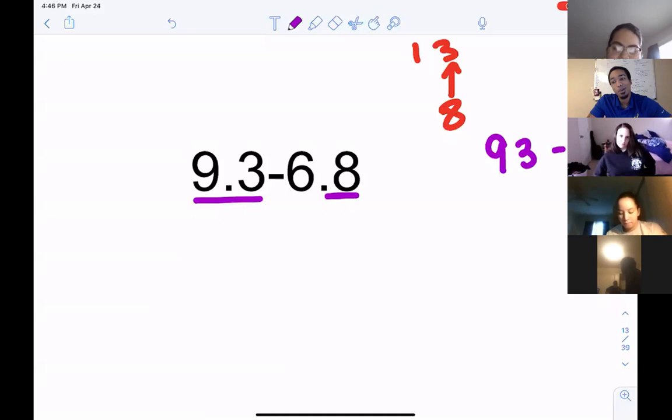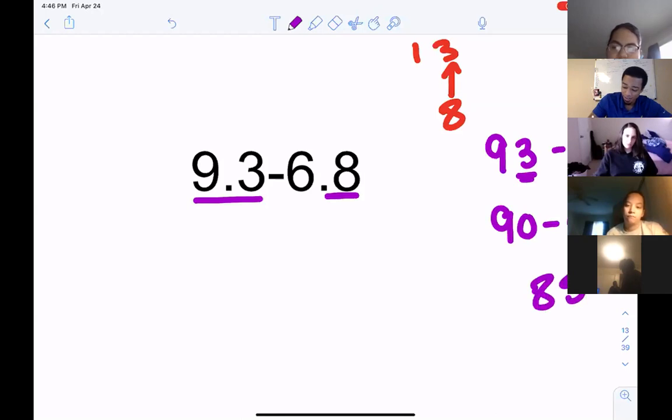Yeah, and if you're trying to think of a mental math way to think about that instead of writing it out, you can say, hey, there's a 3 there, and if I took away the 3 from the 8, what would I be left with? 5. 93 minus 8 is the same as saying 90 minus 5. That's a little easier, because 90 minus 5 is 85.